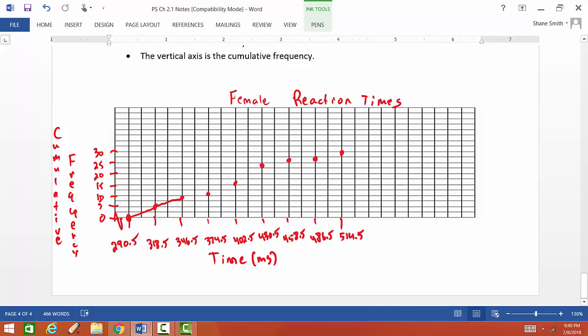It's a line graph. And you'll notice it's always going up. And that's because it should, right?